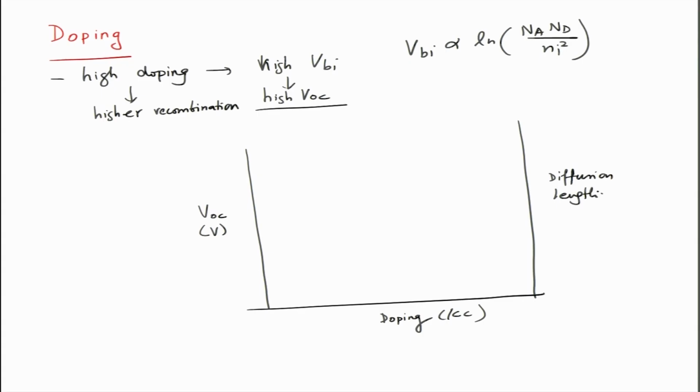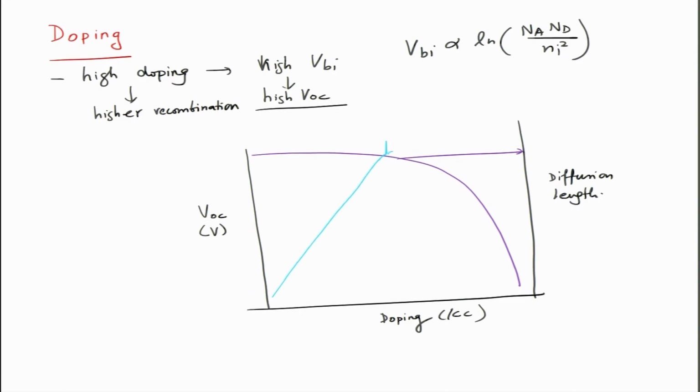Generally the diffusion length goes down at higher doping level, because the scattering increases, as a result your mobility decreases, and your diffusion lengths go down because your lifetimes go down. But on the other hand, your doping tends to increase the VOC.